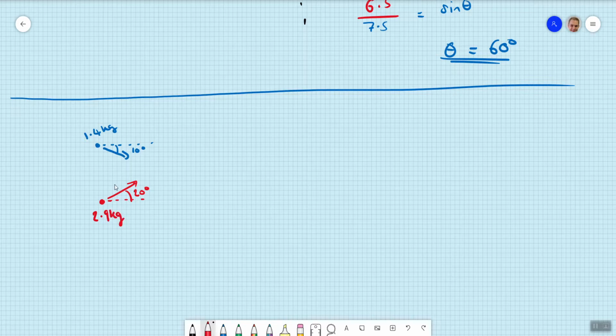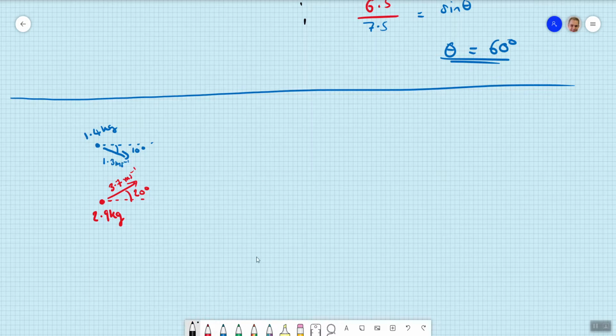Let's say this is moving with a velocity of 3.7 meters per second. Let's say the blue one is moving downwards with a velocity of 1.3 meters per second.